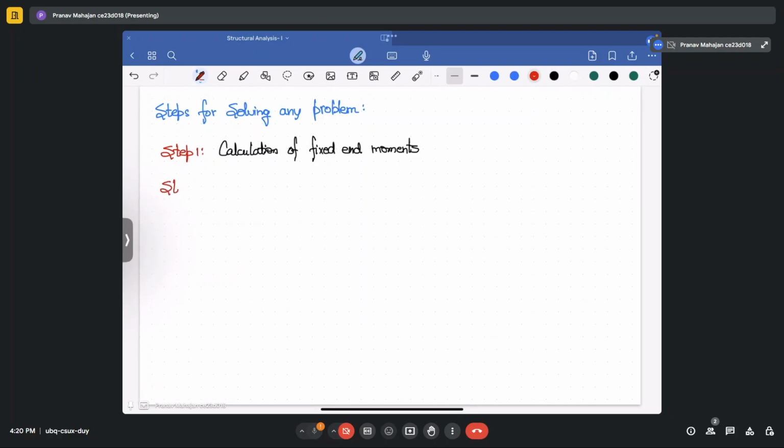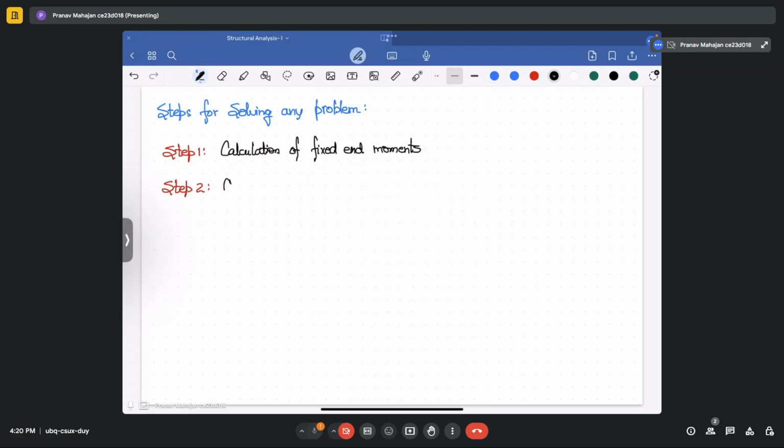The next step, after calculating the fixed end moments, is to calculate the unbalanced moment that is there in the structure. So your next step is calculation of unbalanced moments.